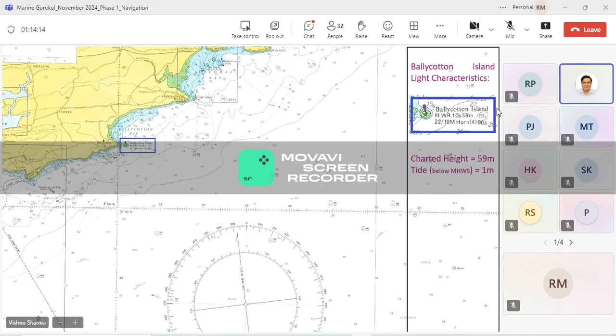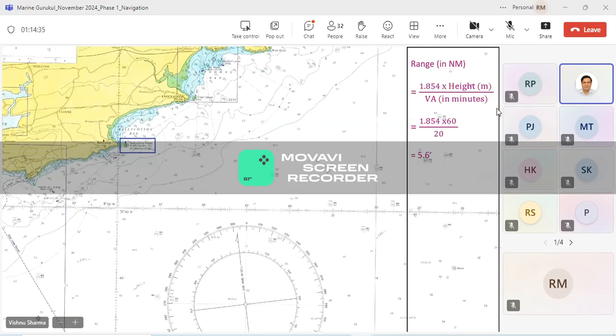Tide 1 meter below mean high water spring, so the height at the time of observation was 60 meters. Vertical sextant angle 0 degrees 18 minutes. Index error 2 minutes off the arc. Vertical angle will be 20 minutes, converted to minutes. Now we put them in the formula and we get the range as 5.6 miles.